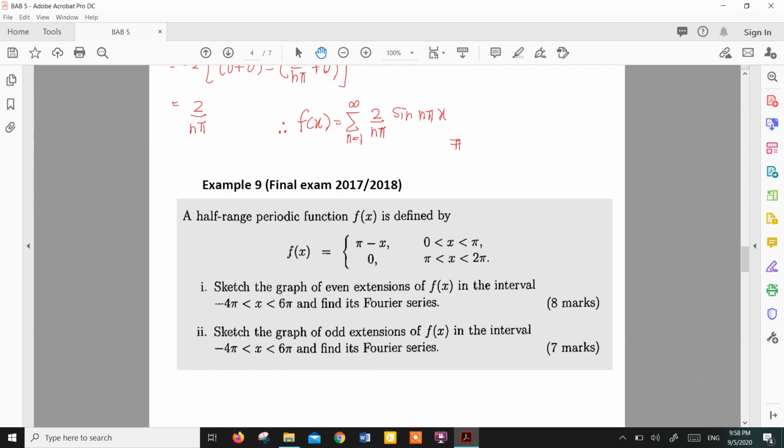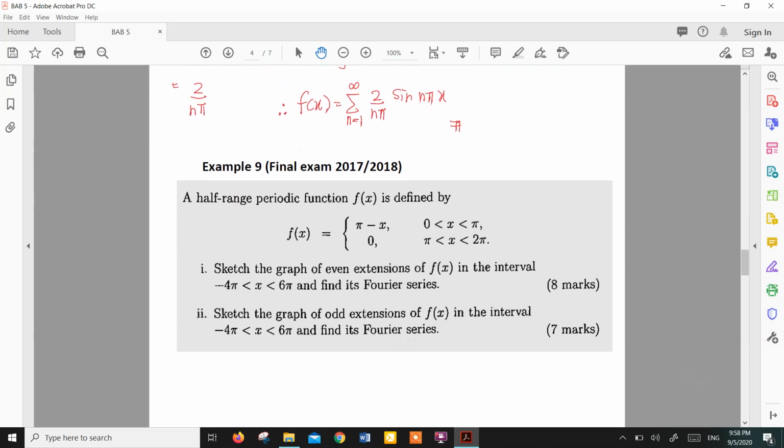So now I want you to try example 9. Sometimes the question can ask to find the Fourier cos series or Fourier sine series, or the question can also ask to find the even extension. Even extension means you need to find the Fourier cos series, and odd extension means that you need to find the Fourier sine series.